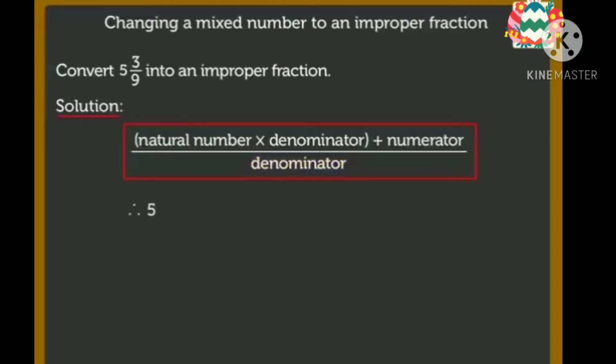Therefore, 5 and 3 upon 9 is equal to 5 into 9 in brackets plus 3 upon 9, which is equal to 45 plus 3 upon 9, that is equal to 48 upon 9. Thus, 5 and 3 upon 9 is equal to 48 upon 9.